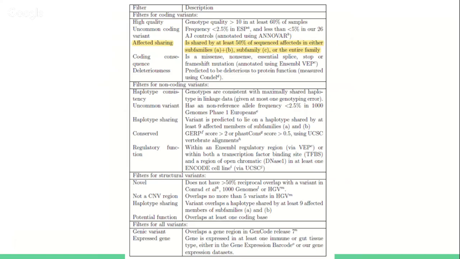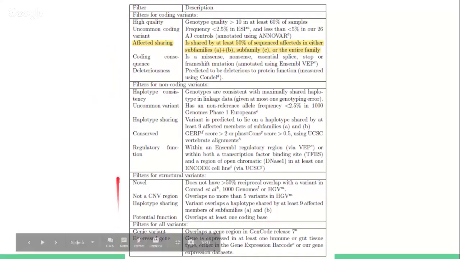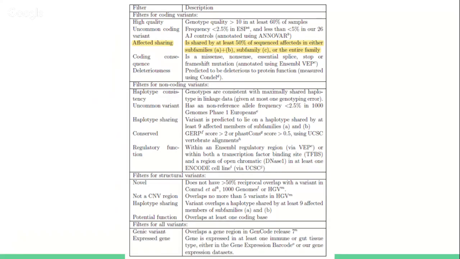We'll see some pedigrees later on to illustrate that. As well as other ways of filtering variants, the affected sharing filter gives us extra power to identify variants associated to a condition.